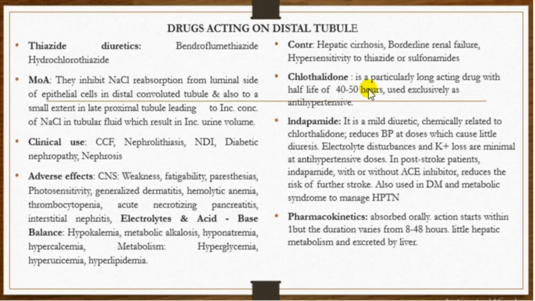And so it's very effective in post-stroke patients, and also we usually combine it with or without an ACE inhibitor. And when we do that, it helps to reduce the risk of further strokes.